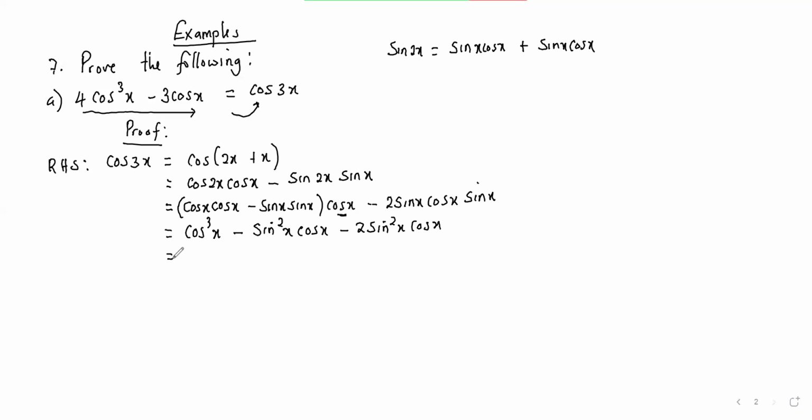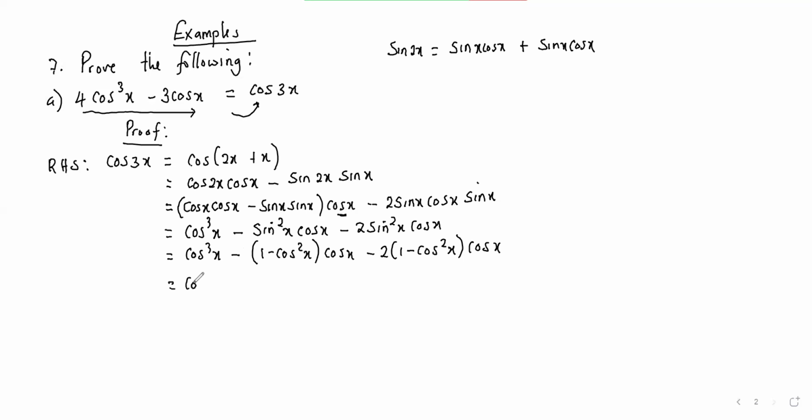As you can see on the left hand side, we don't have any sine, so we change whatever is sine. So we have cos cubed x minus 1 minus cos squared x times cos x, minus 2 times 1 minus cos squared x times cos x.